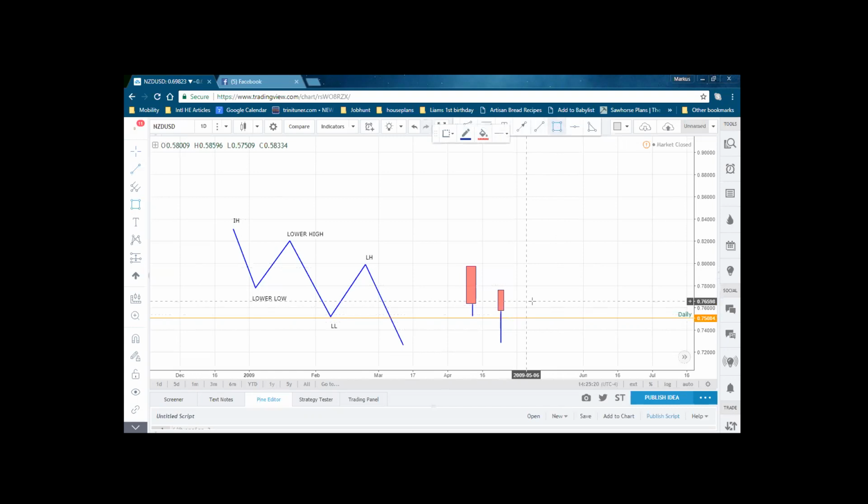So what can happen next is price can bounce again and continue up, or in the following candles can decide to break and close beyond. And then that's when we're looking at a continuation of the downtrend.